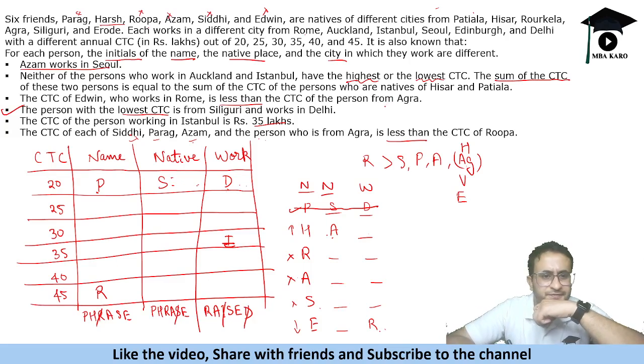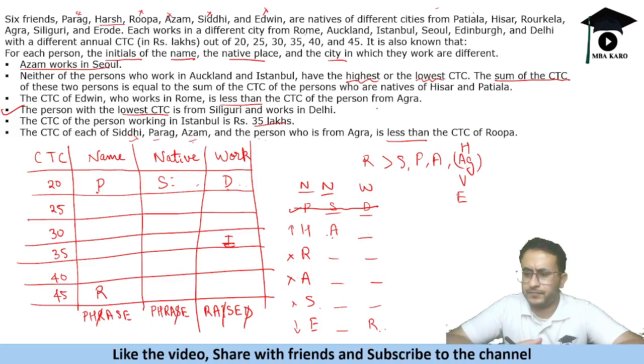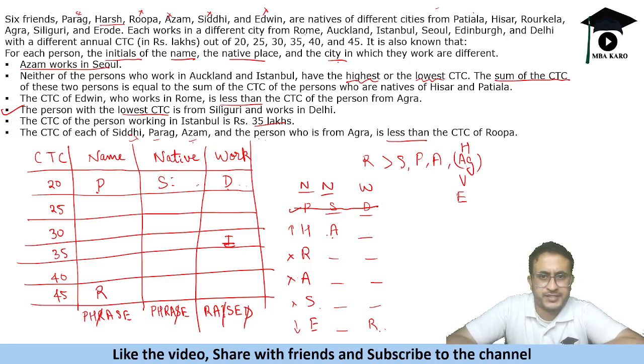Then we have to find these workplaces and match all these things. Okay, so this P is done, and then we have HA. What native places do I have left?